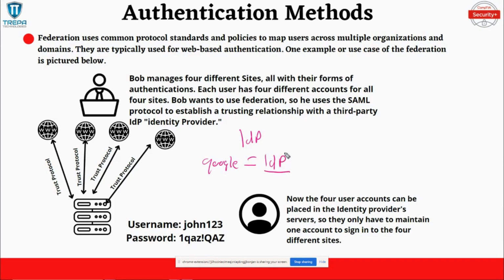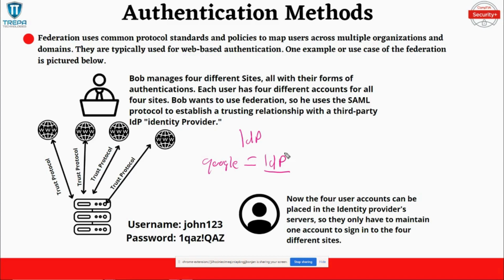They're going to use that API to allow users to sign in to their own website using their Google credentials. For example, on my website, I created an API call to Google Cloud Services, and that API authenticates my website to be able to use Google's authentication servers.